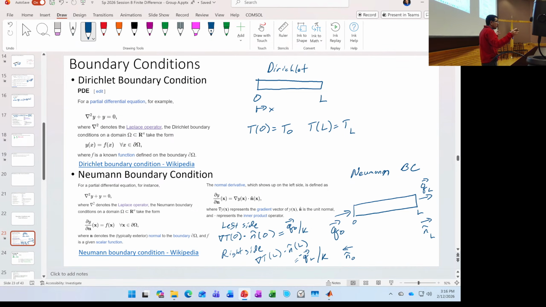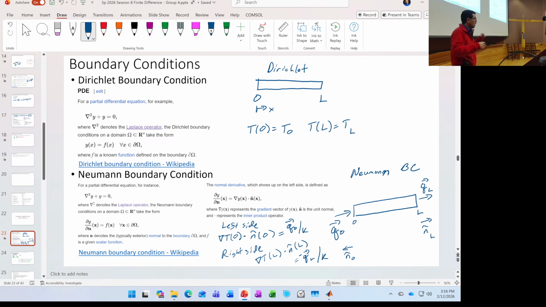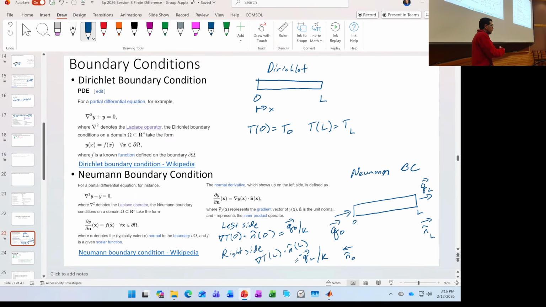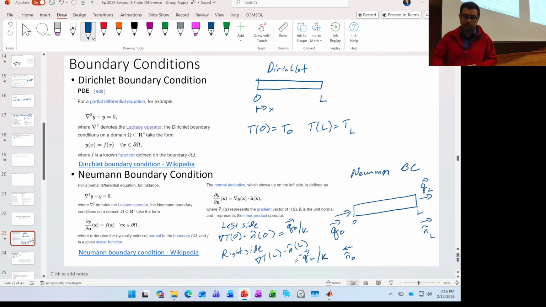Say, hey, I'm going to fix the temperature on the left side and the right side. Or I'm going to say, I've got a torch, and I'm putting this heat flux on one side of my system, and I'm going to heat the whole thing up, all right?